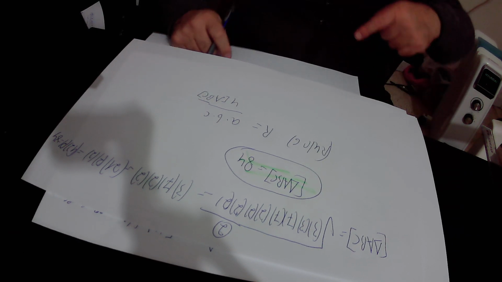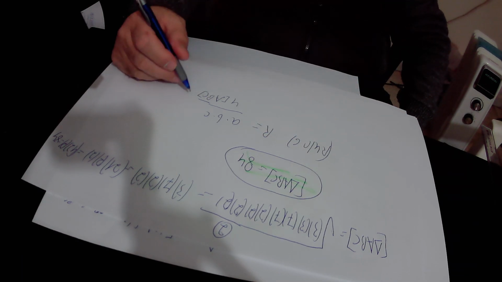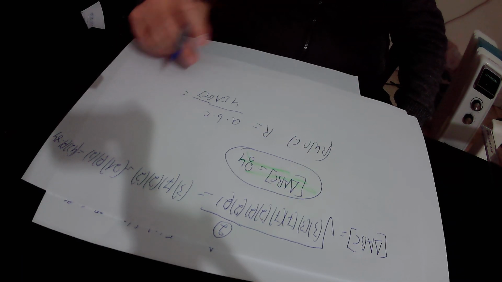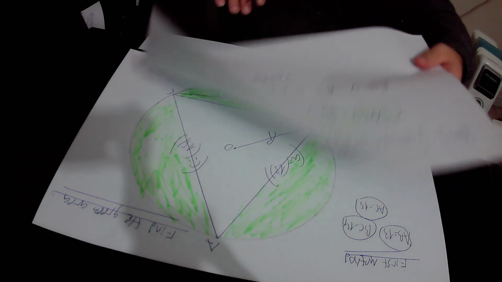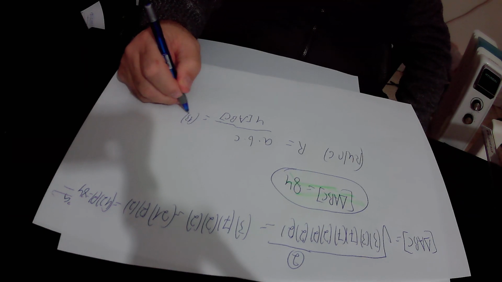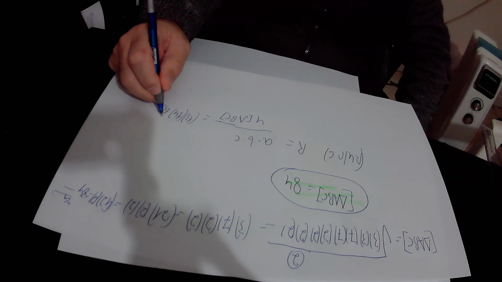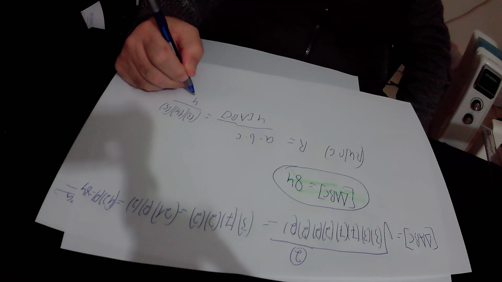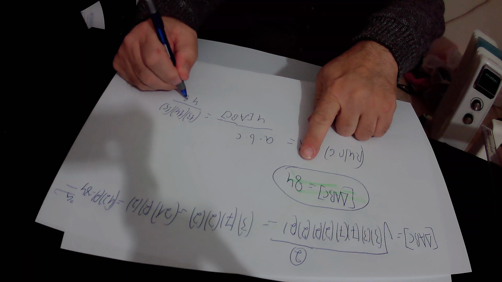And we already found out that the area of triangle ABC equals 84 square units. So the radius of this circle that blocks triangle ABC, according to rule number 6, must be equal to A, that is 13, times B, that is 14, times C, that is 15, over 4 times the area of triangle ABC. The area of triangle ABC is 84 square units.